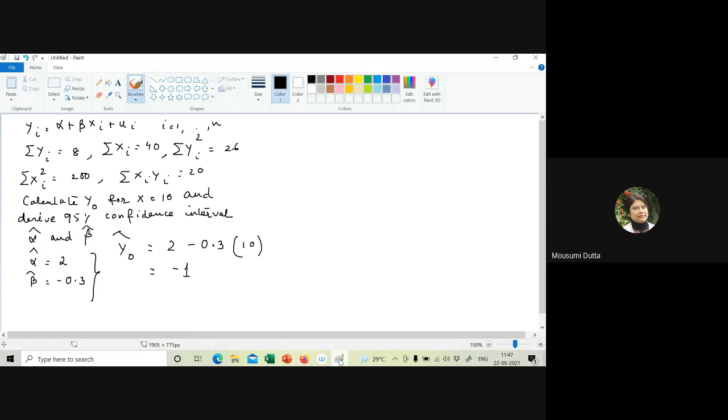In the same way, you will be able to find out ESS: beta hat into summation xi minus x bar into yi minus y bar.